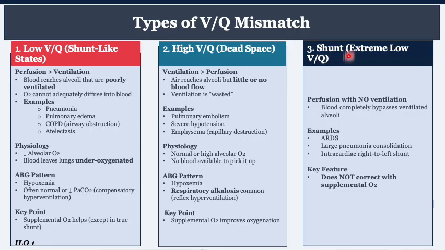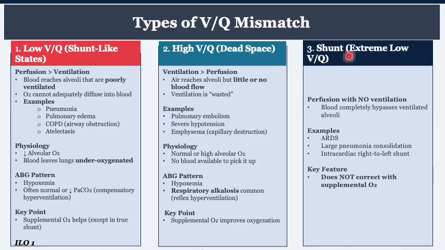So 3 is a true shunt. 1, the low VQ state was shunt-like, but 3 is a true shunt, and it is an extremely low VQ mismatch. So you have perfusion and absolutely no ventilation. Blood completely bypasses the ventilated alveoli.